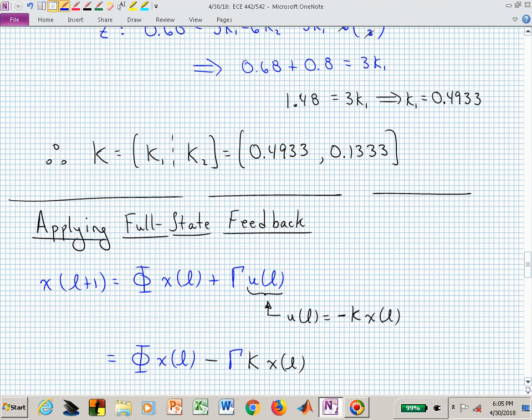If phi was 1 by 1 and gamma is a single input system, then what are the dimensions on K? It's 1 by 1, it's a scalar. So it could be that even in full state feedback, you could have K being a scalar.